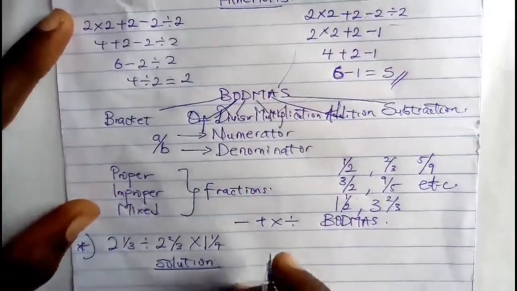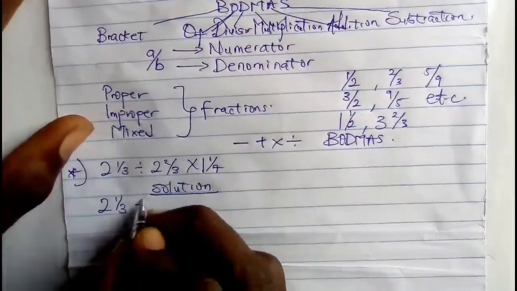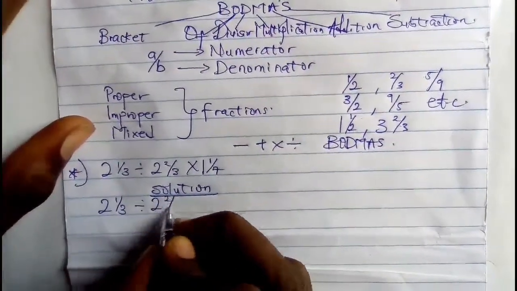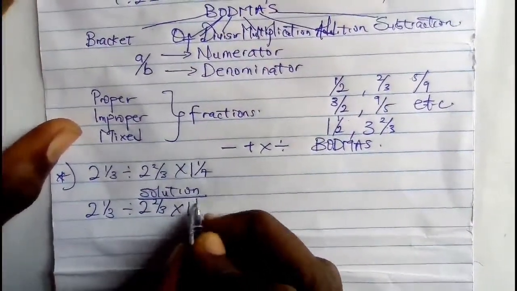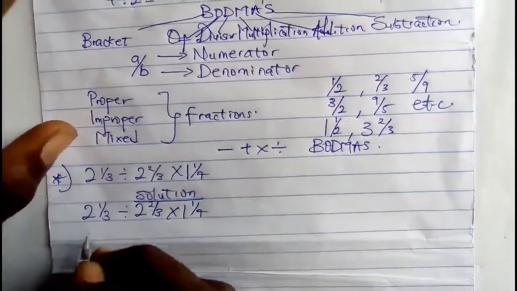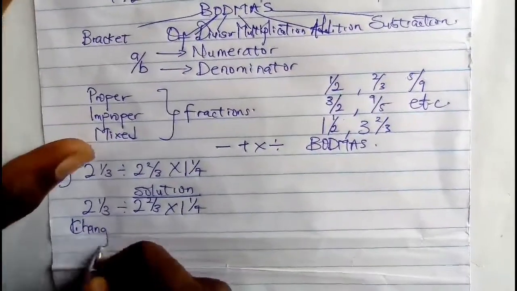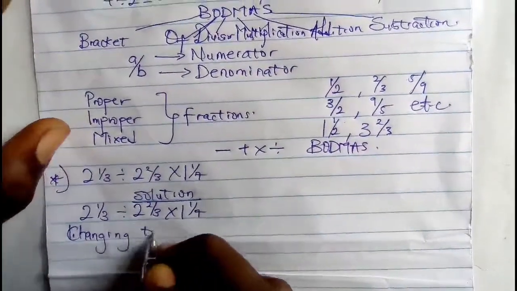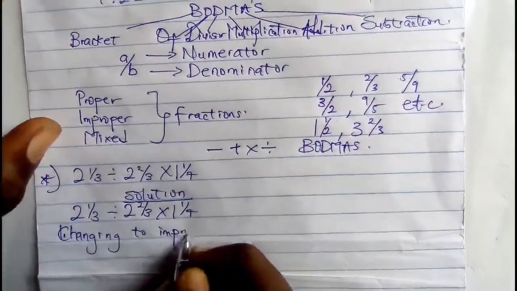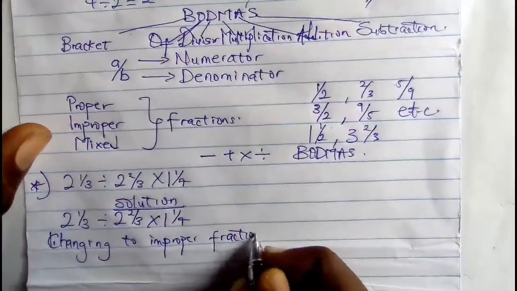Solution. The first step you need to take: remember all these ones, they are mixed fractions or mixed numbers. So the first step you need to take, you are going to change them to what? Improper fraction.